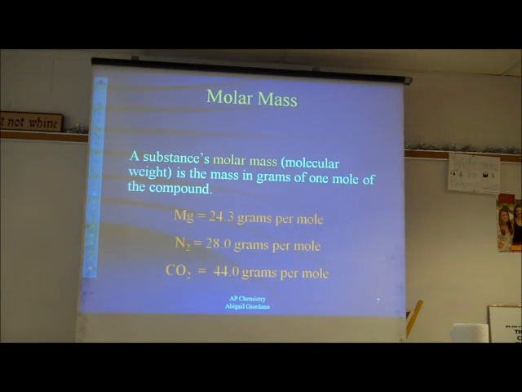One little teeny tiny atom. However, if I don't just have one atom, I have a mole of them, 6.02 times 10 to the 23rd, and I put that on a balance, on a scale, the scale will read 24.3 grams.